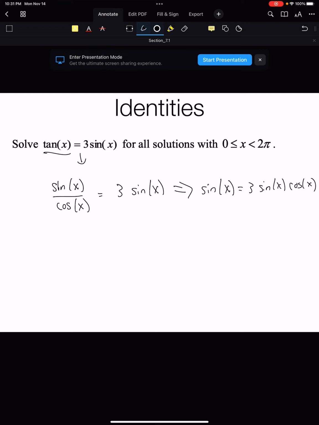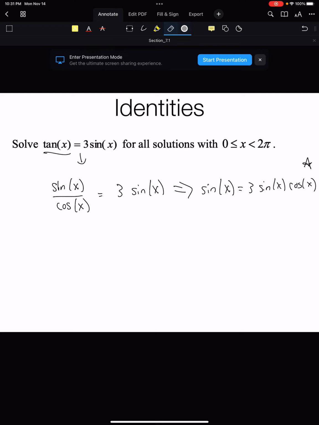And now we're left with this thing over here on the right, and the urge may be to divide both sides by sine, in which sine would seemingly go away, and you'd have 3 times cosine is equal to 1, cosine is equal to a third, so on and so forth.